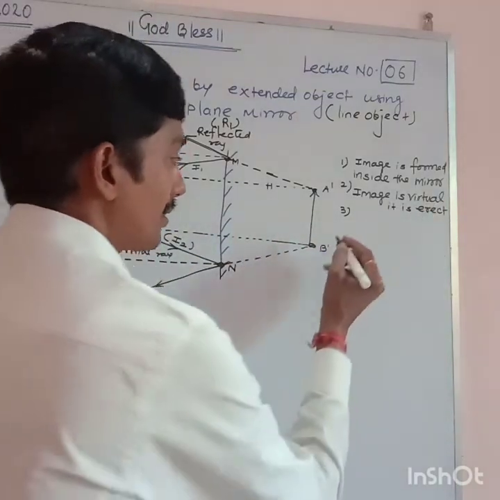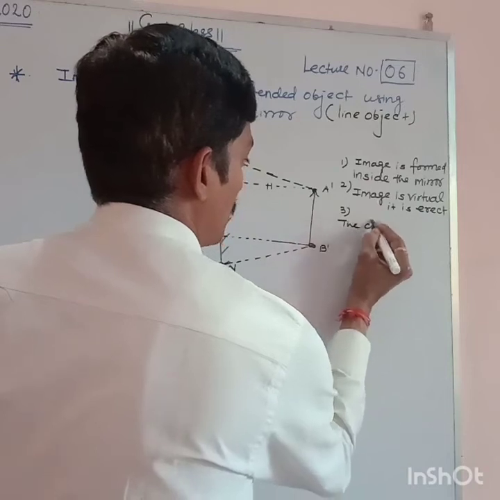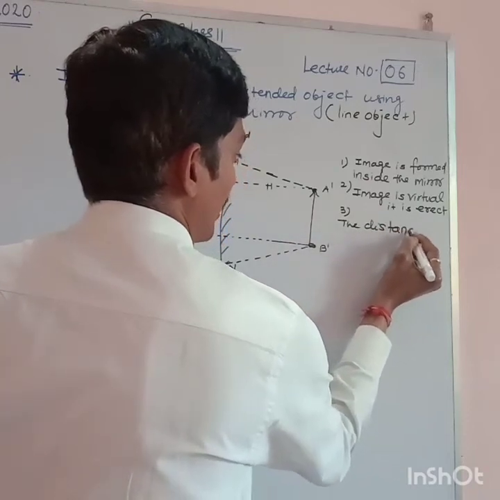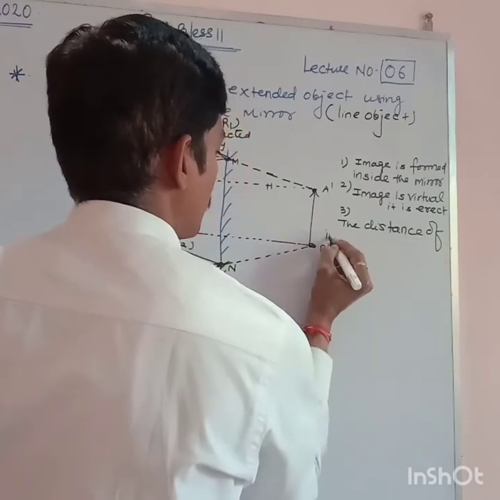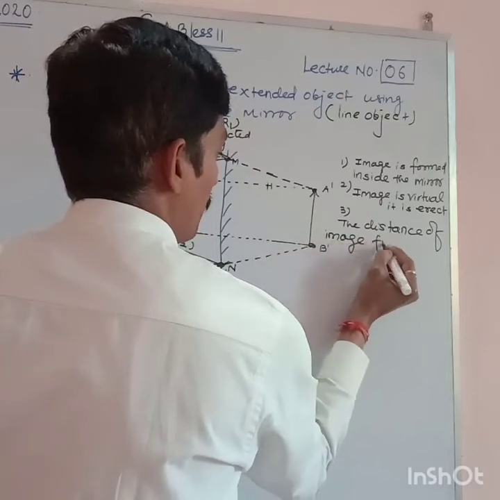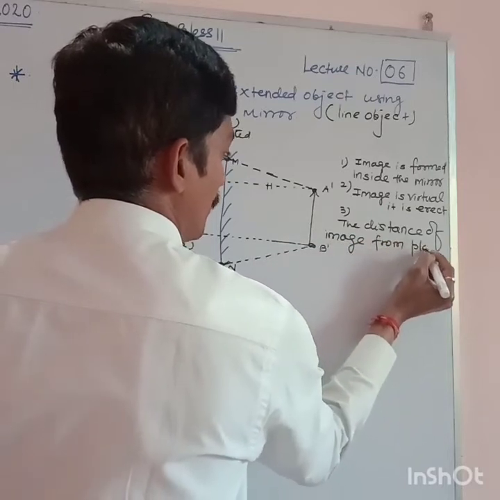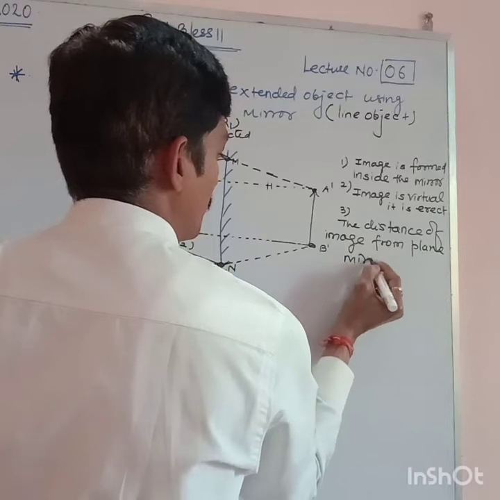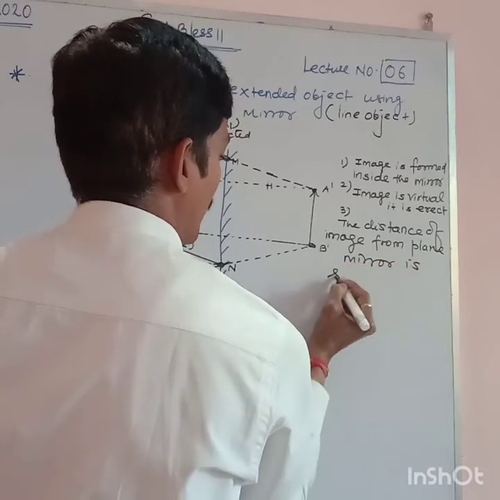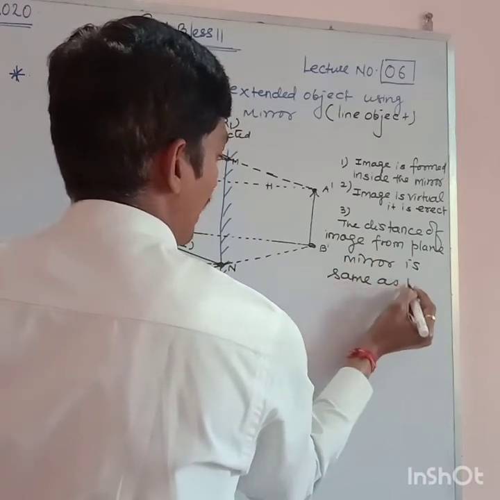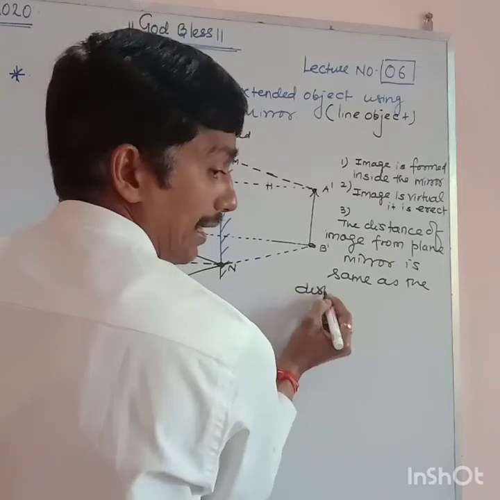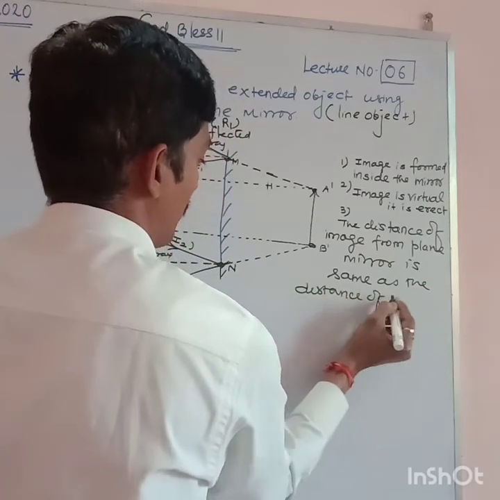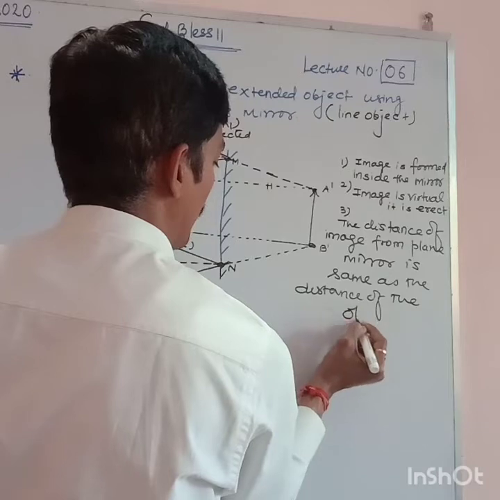And the third is the distance of the image from the plane mirror, which is the same as the distance of the object.